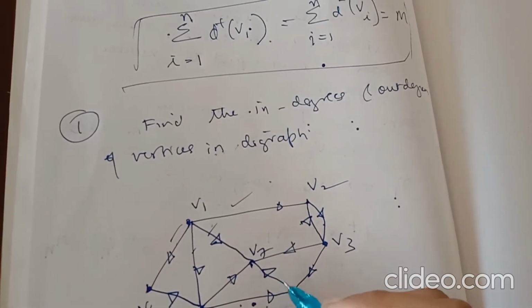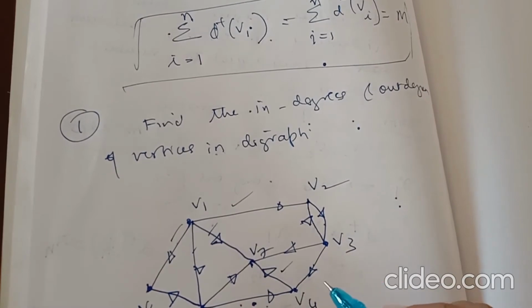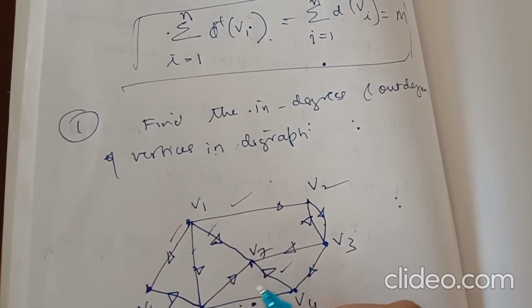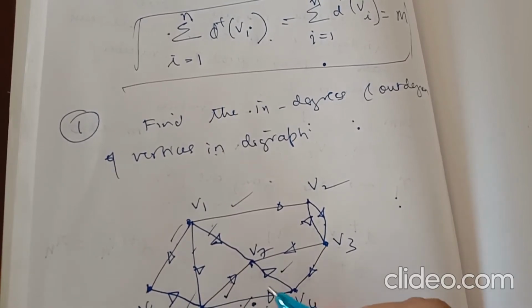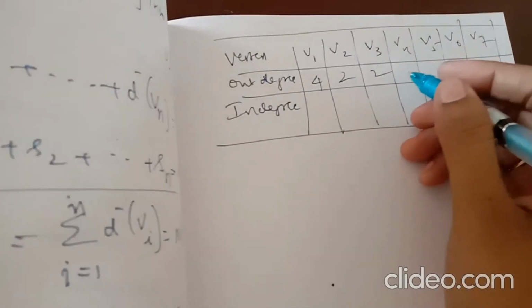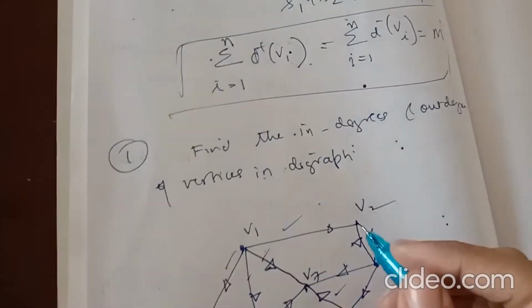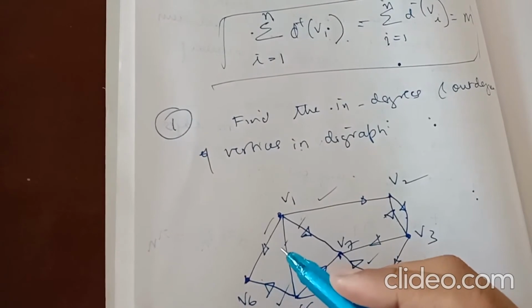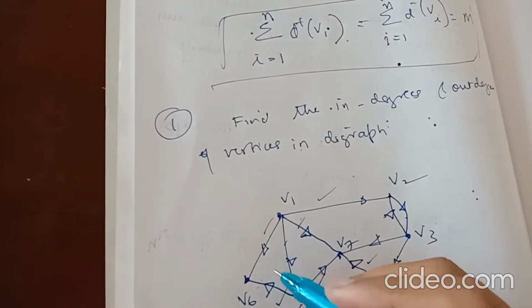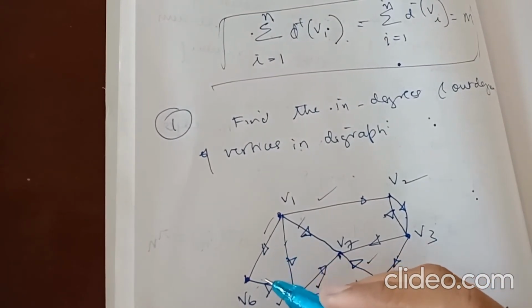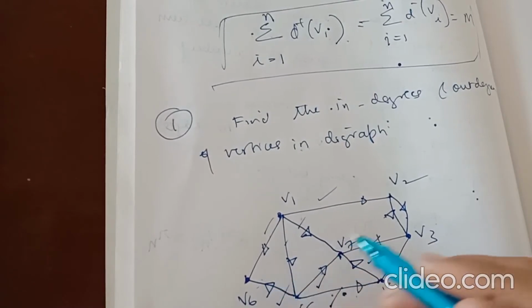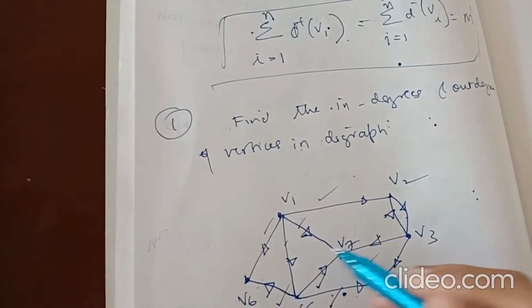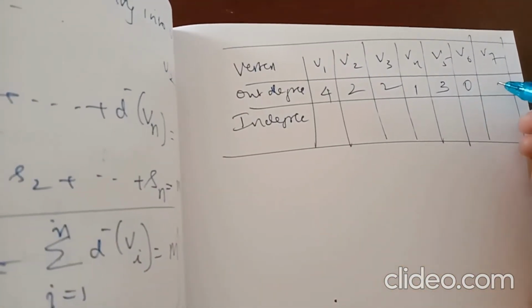Just one edge, right? What is the out degree of V5? 1, 2 and 3, right? So I'll write this. What is the out degree of V6? How many edges are leaving V6? There is no edge leaving that vertex. So out degree of vertex V6 is 0. Out degree of vertex V7: all edges are coming up to V7, so out degree is also 0.